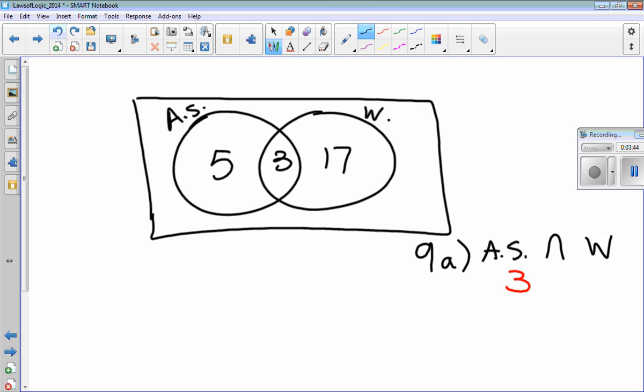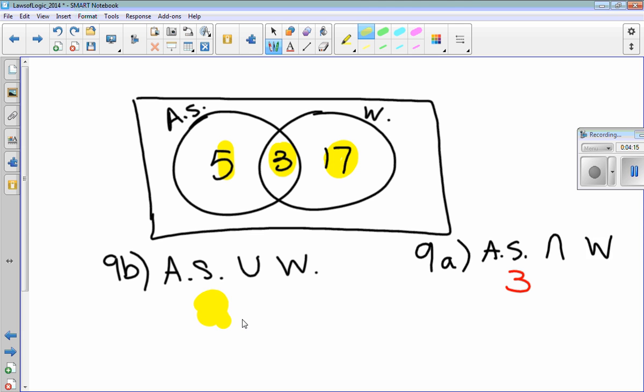Now, if you look at 9B, it said how many people work after school or on the weekends, right? And most of you wrote 5 plus 17, which is part of the answer, but not all of it. The actual or part is everything on the inside. You add them all together. So it's going to be 25.